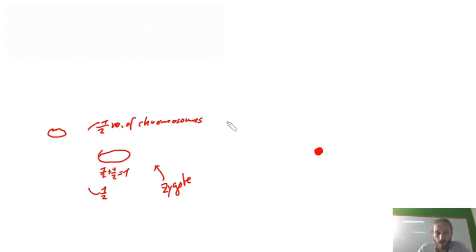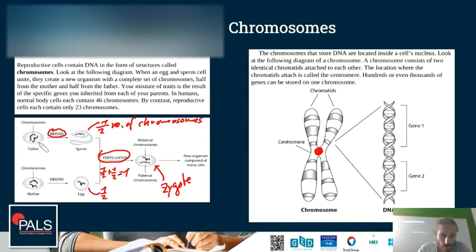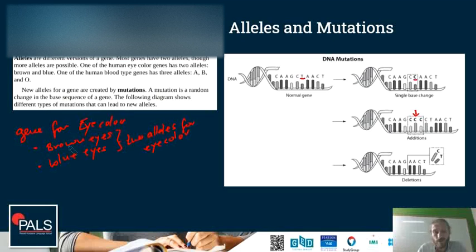If we have a quick look going back at meiosis, we have two sets of chromosomes here, and meiosis reduces these two sets to one set of chromosomes. Human cells usually contain 46 chromosomes, 23 times two sets of chromosomes. After meiosis, we halve this number to 23.